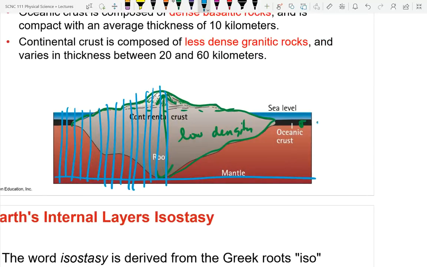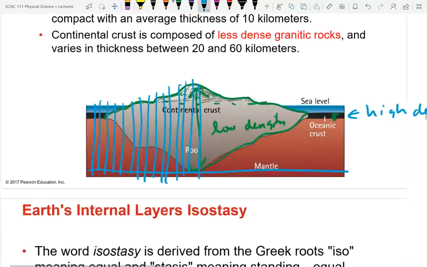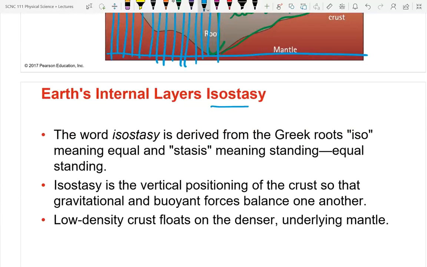Whereas you have higher density for the ocean floor, the basalt, and thus it's not nearly as thick to get the same weight. So isostasy is the name for that being in equilibrium. Iso means equal and stasis means standing. Equal standing.